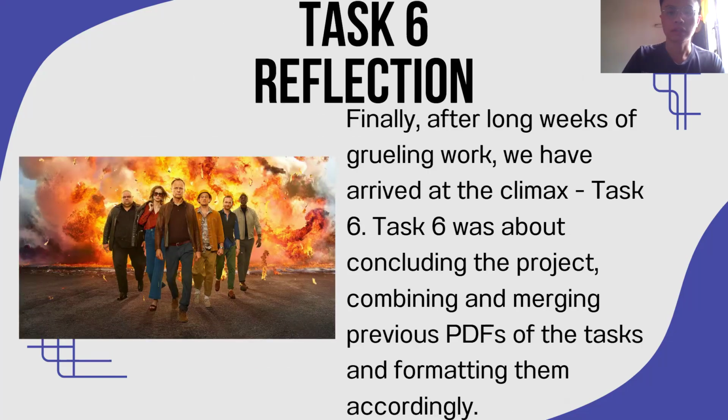And finally, we've arrived at the climax, task 6, after long weeks of grueling work. Task 6 was actually about concluding the project, combining previous PDFs of the tasks and formatting them accordingly.